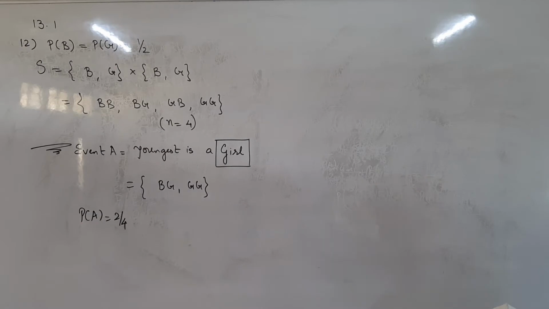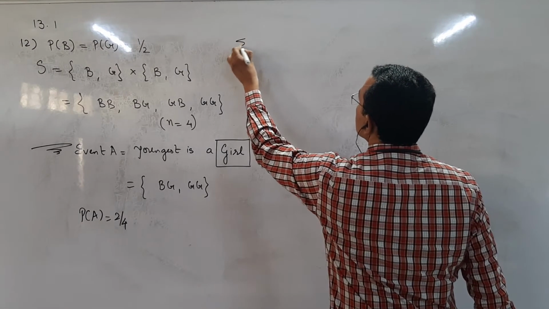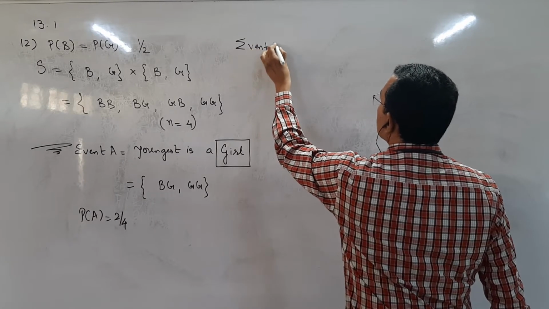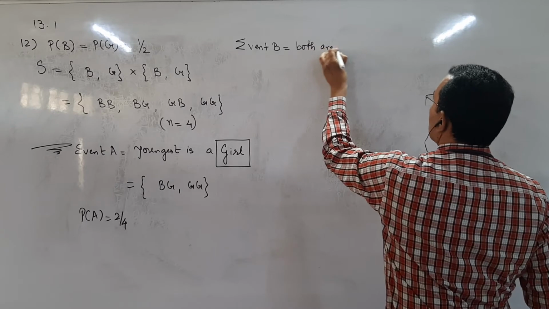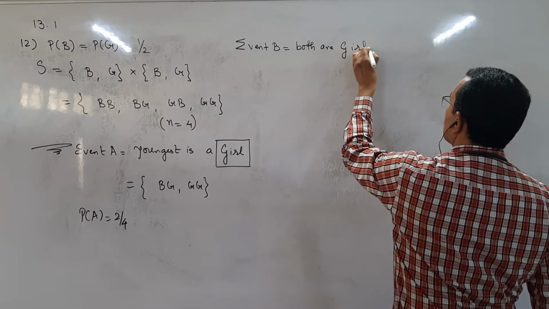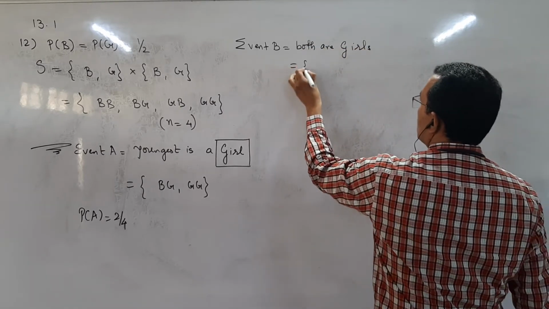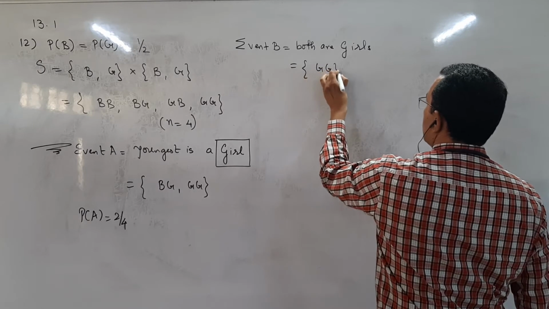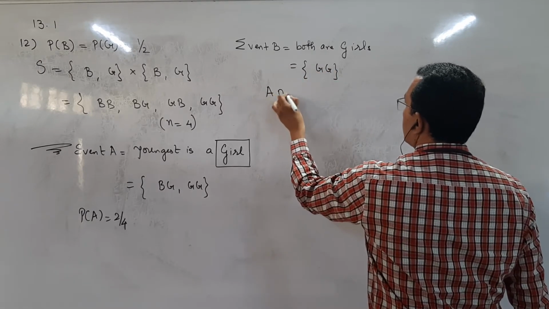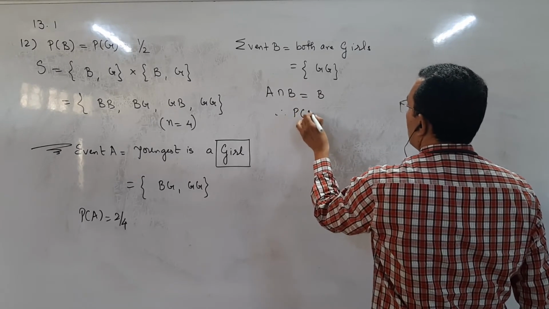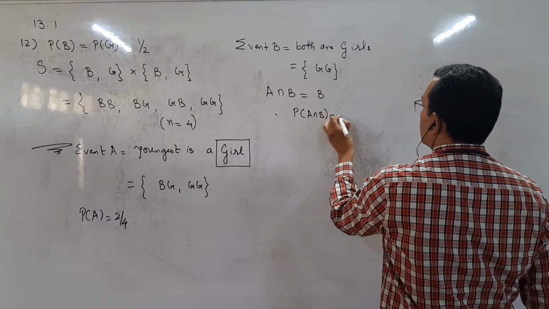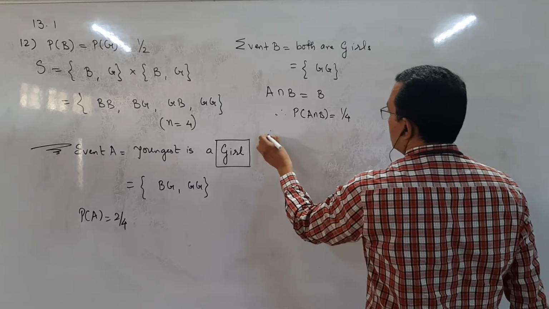Now, conditional probability that both are girls. So, event B, both are girls. So this has only one outcome, which is G and G. And definitely A intersection B is equal to B. So probability of A intersection B is 1/4.